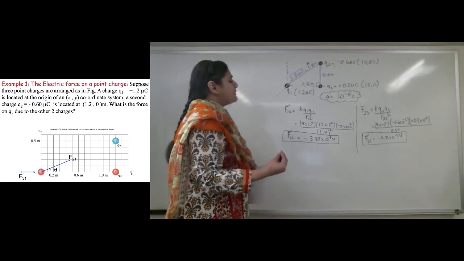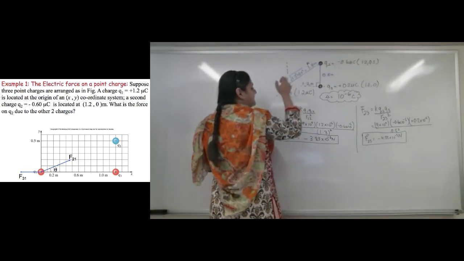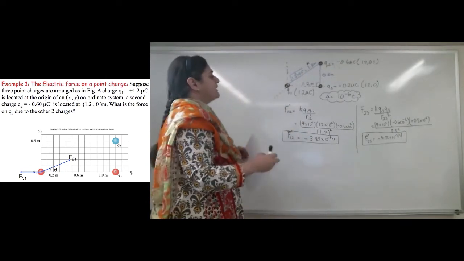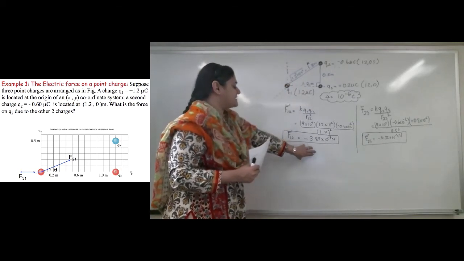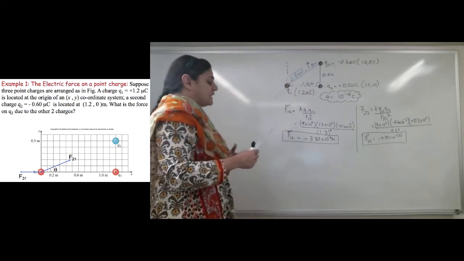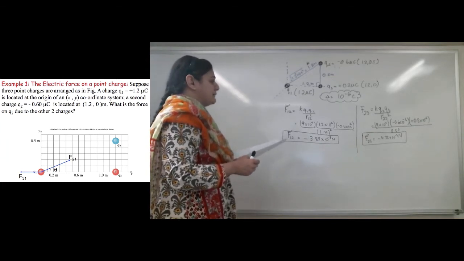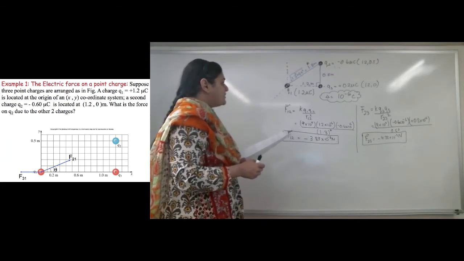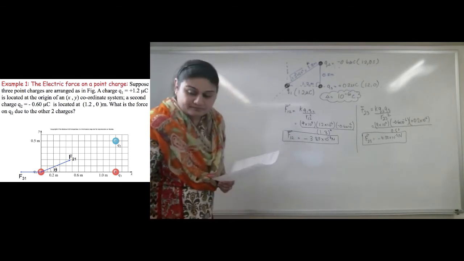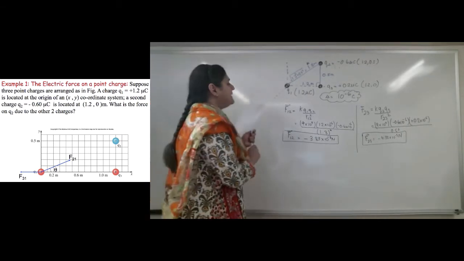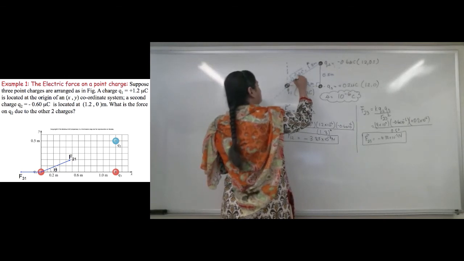Well, at this point, I need to go back to this figure and figure out what the x and y of these two things are. Okay, problem 1: I don't know the angle. How do I find the angle? I need to find this angle right here.